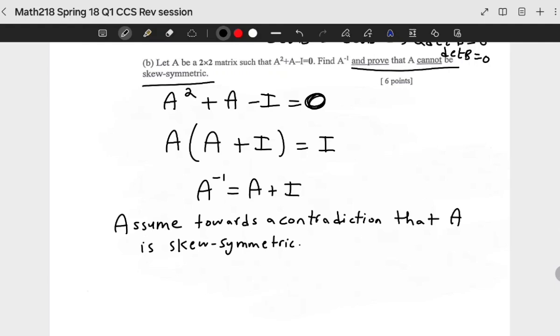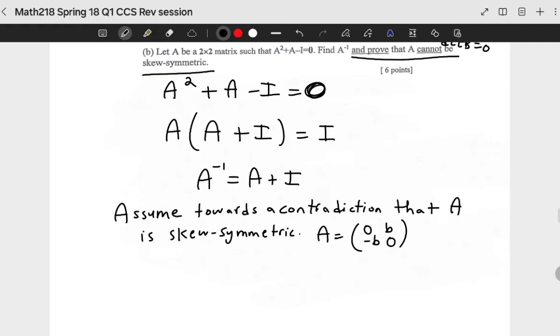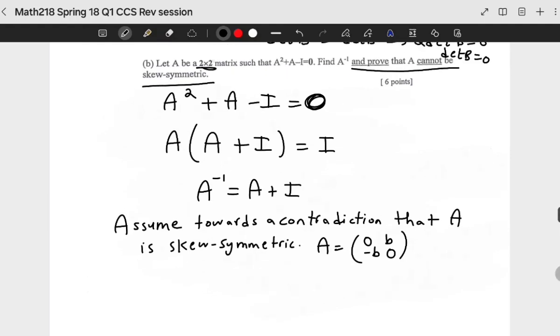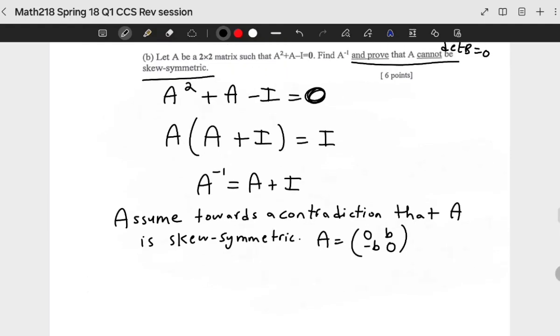Since it's a small matrix, it's a good idea to just think of A as these four values, a, b, c, d. But we know that A is skew symmetric, so the diagonal entries are 0, and these are some value, let's keep calling it b. So this is b, and this is necessarily minus b, right? This is the general form of a 2 by 2 skew symmetric matrix. So here it's important to note that it's a 2 by 2 matrix.